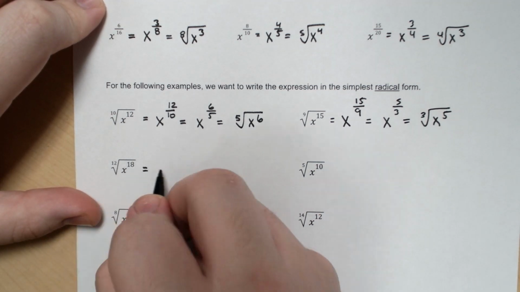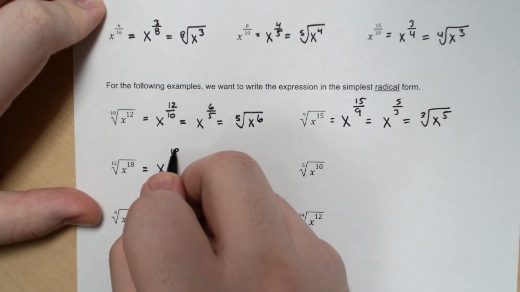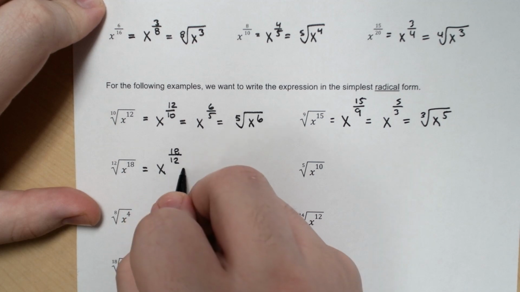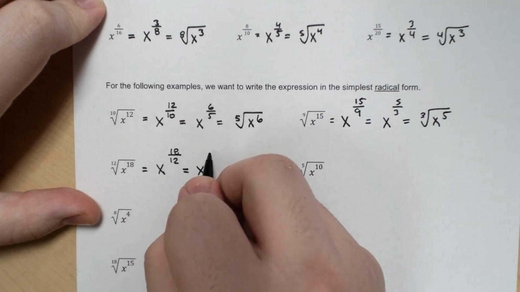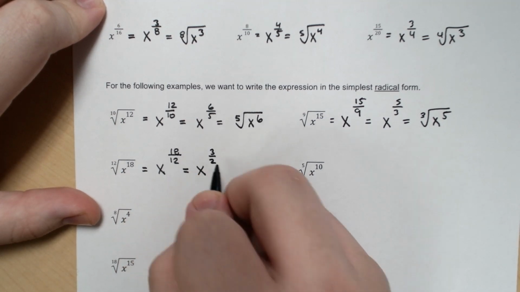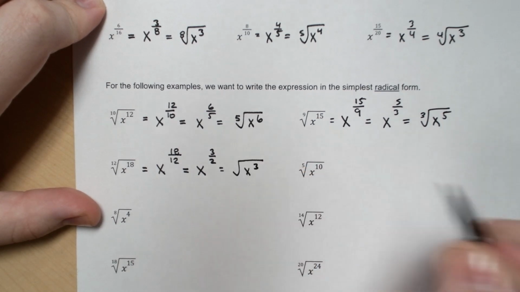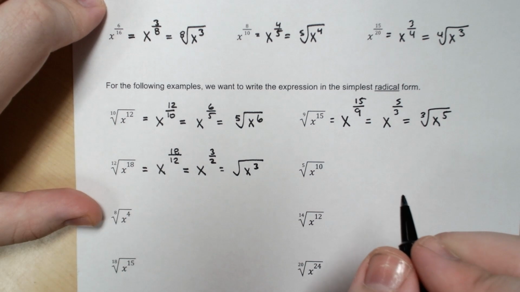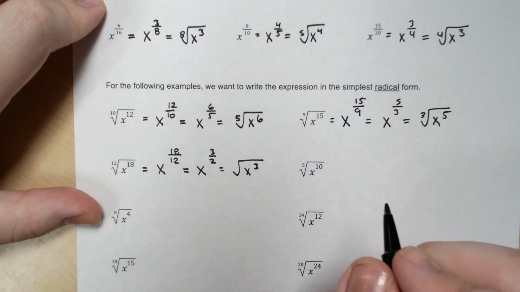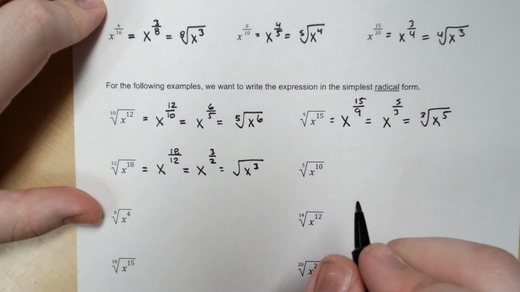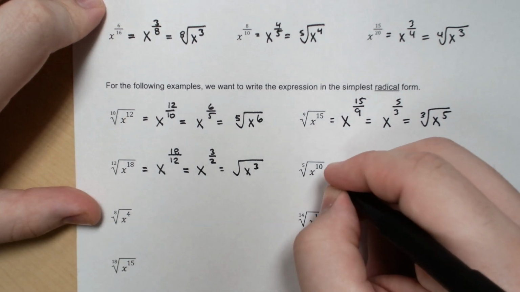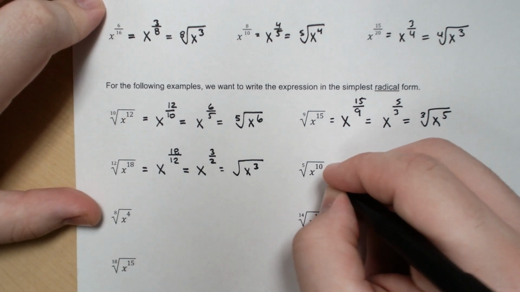The 12th root of x to the 18th would be x to the 18 over 12, which reduces down to x to the 3 over 2, which would give us the square root of x cubed. Remember, if the denominator is 2, you don't have to write that index of 2. Next one, the 5th root of x to the 10th power.